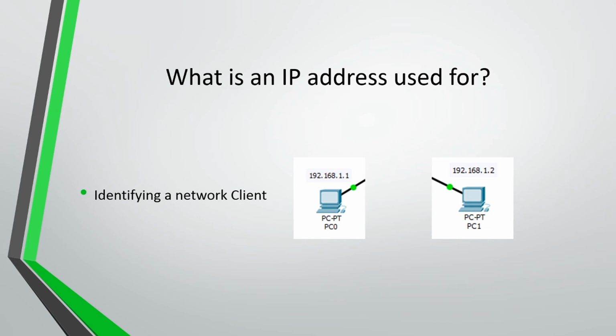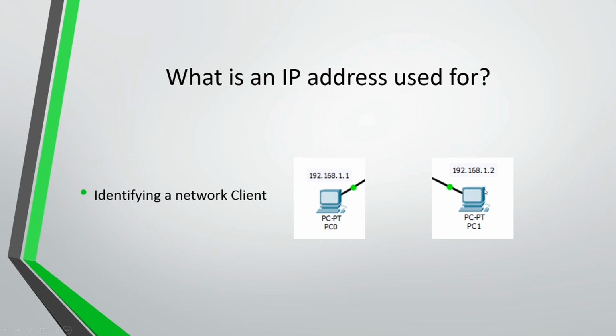The source IP address in the packet will be 192.168.1.1 in this instance, as that's what PC0 has assigned to it. And then the destination will be 192.168.1.2, as that's what PC1 has assigned to it.